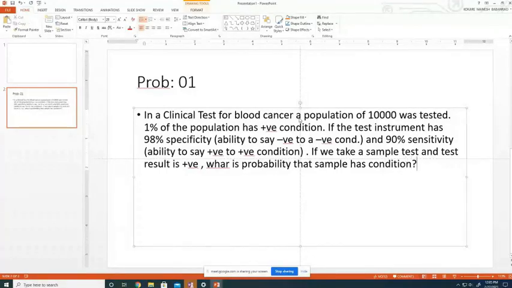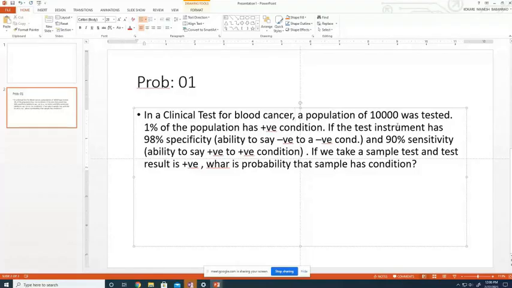I repeat the problem. In a clinical test for a blood cancer, a population of 10,000 was tested. 1% of the population has the positive condition.